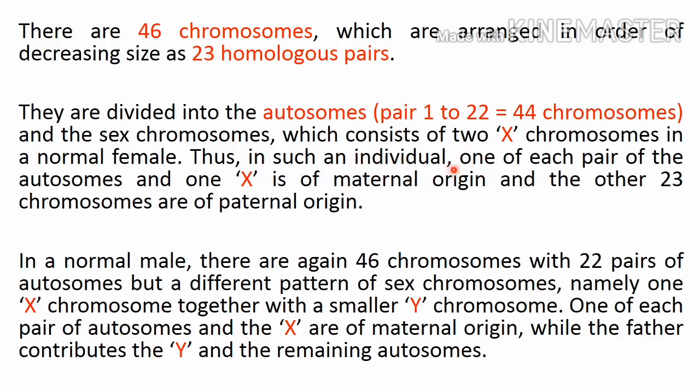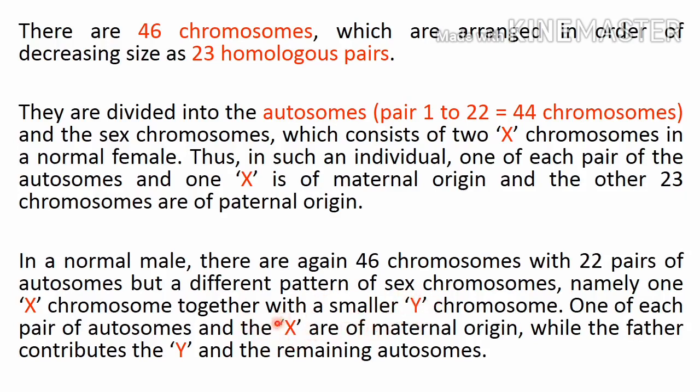In female, this 23rd pair has two X chromosomes, which are the sex chromosomes in the human female. In male, the last 23rd pair is constituted by one X and one Y chromosome, and in male, this X and Y constitute the sex chromosome.